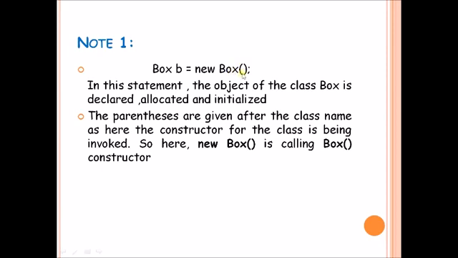This parenthesis is given after the class name here as the constructor for the class is being invoked. So this is the class name box, B is the object, and the new box, this part is actually invoking the constructor box of that function once the object is created.